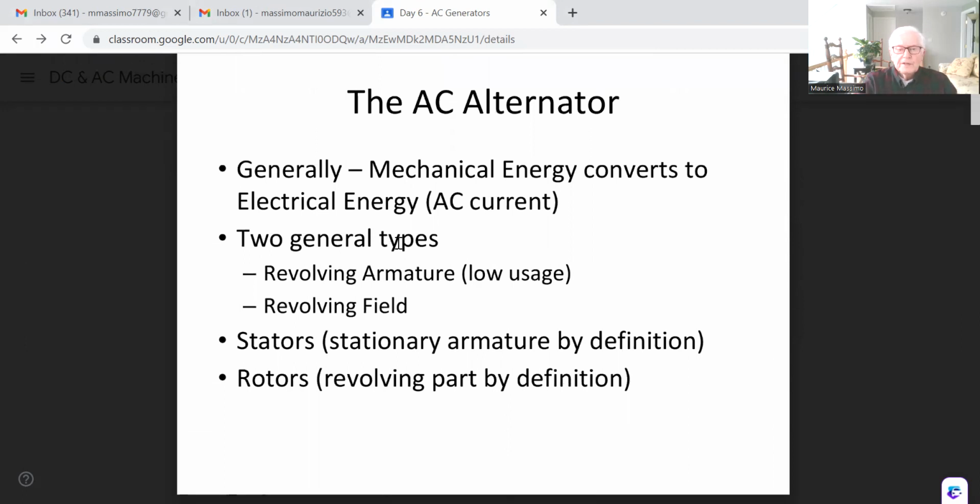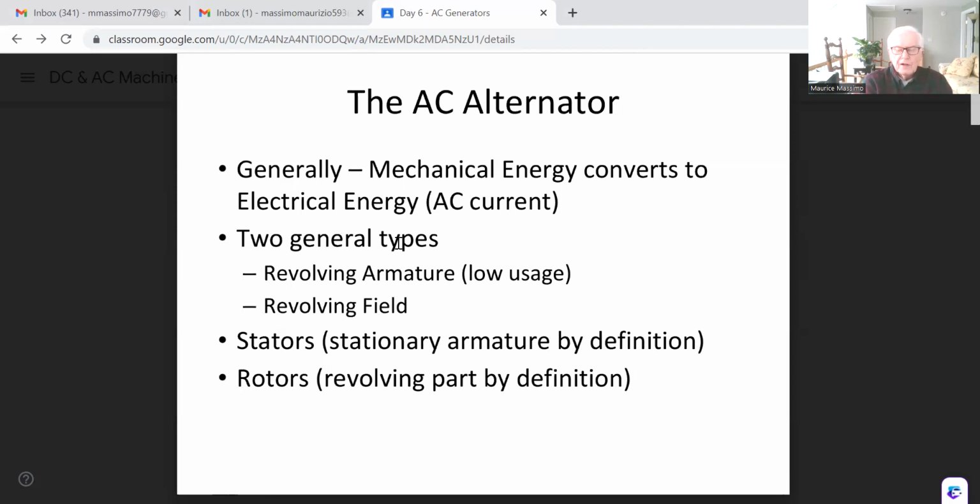Basically what an AC alternator does is convert mechanical energy to electrical energy in the form of AC current. There are two types of alternators that are used. The one is called a revolving armature, which has low usage, and it's very simple. Something that you learned about last week, but it's slightly different.